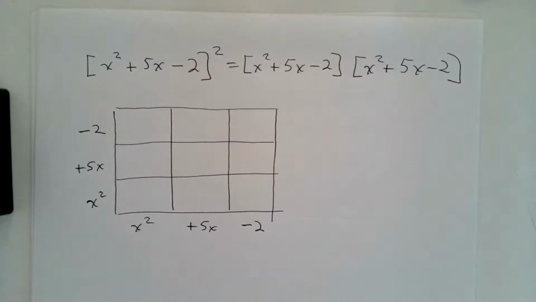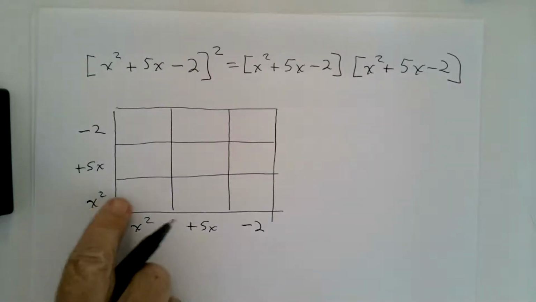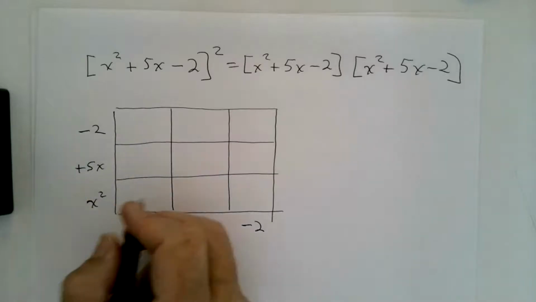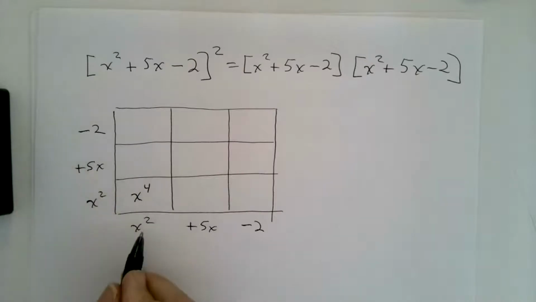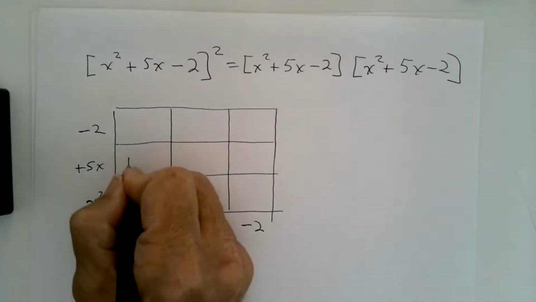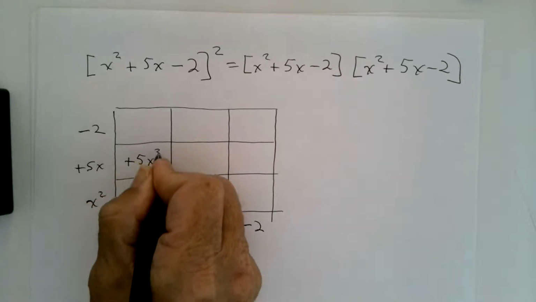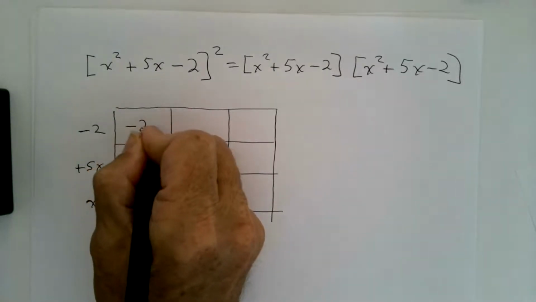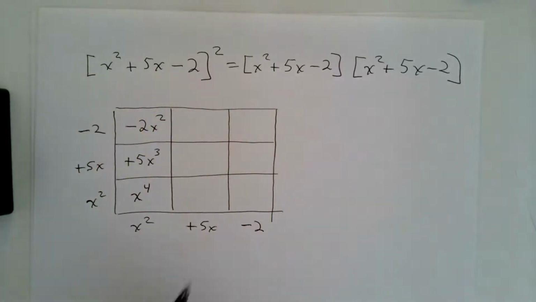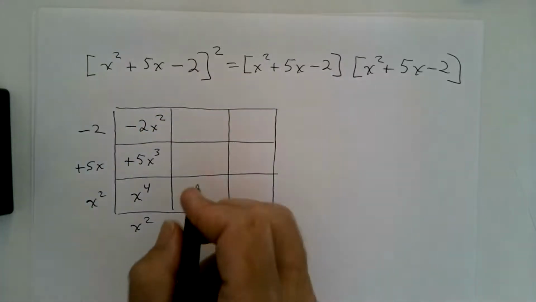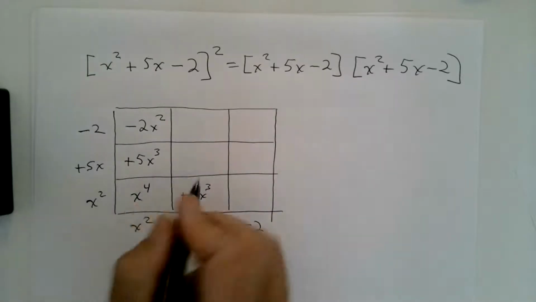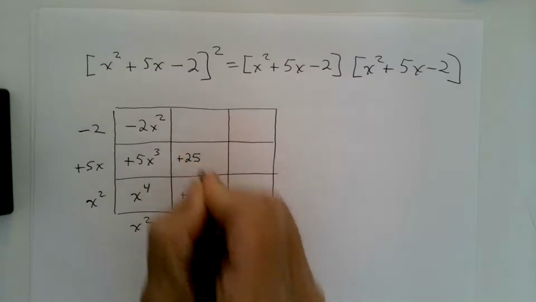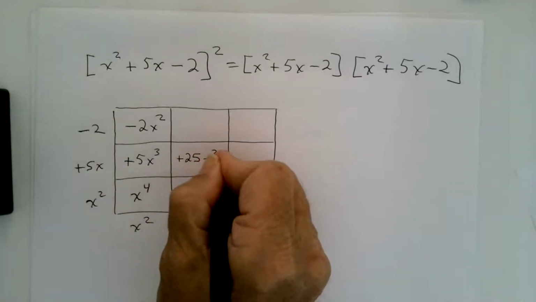And let's see what these areas will be in each cell. This cell, length x squared, width x squared: x squared times x squared is x to the 4th. 5x times x squared: 5 times 1 is 5, x times x squared is x to the 3rd, positive is the sign. Negative 2 times x squared is negative 2x squared. 5x times x squared, again positive 5x cubed. 5x times 5x: 5 times 5 is 25, x times x is x squared.